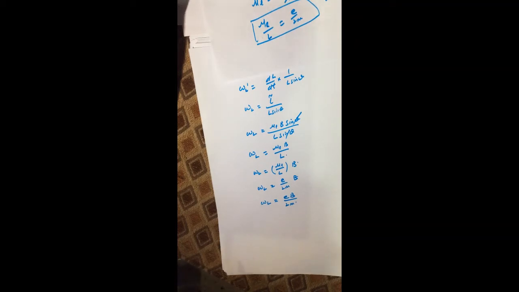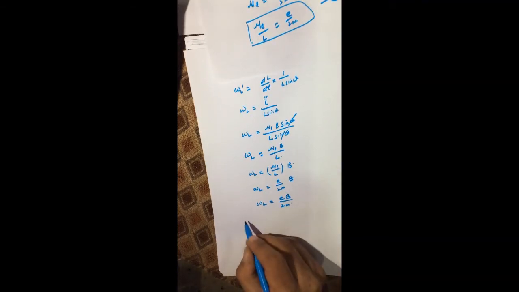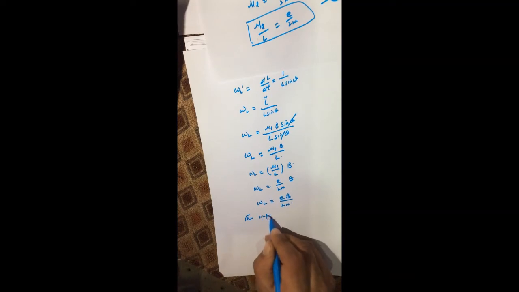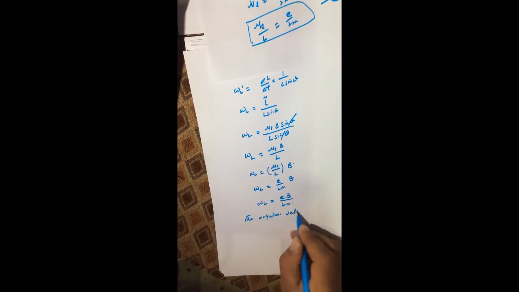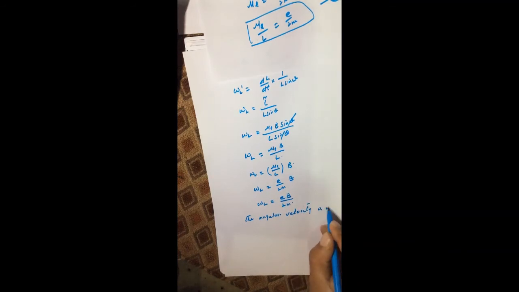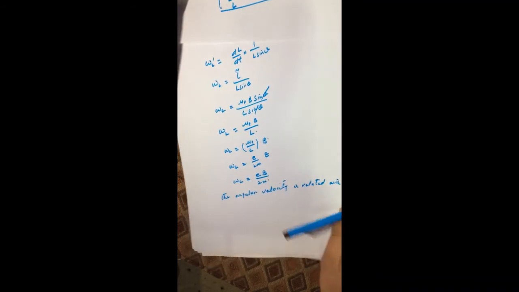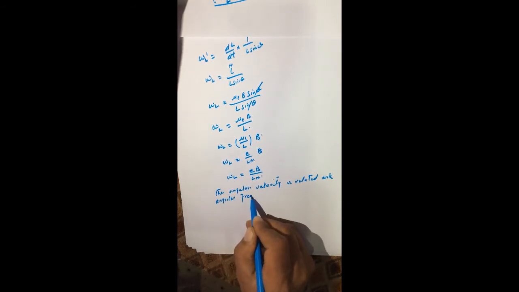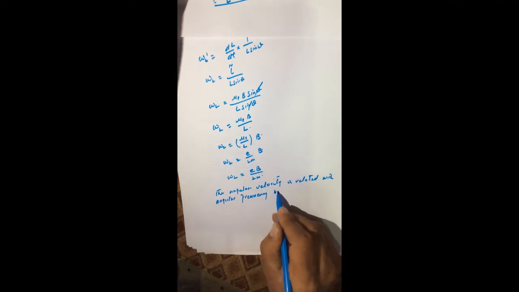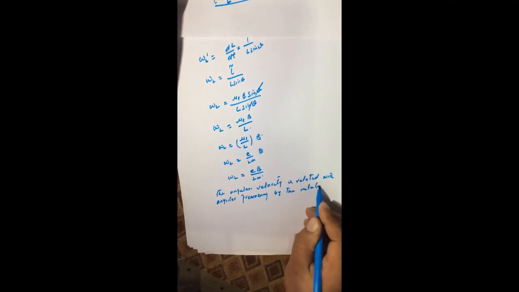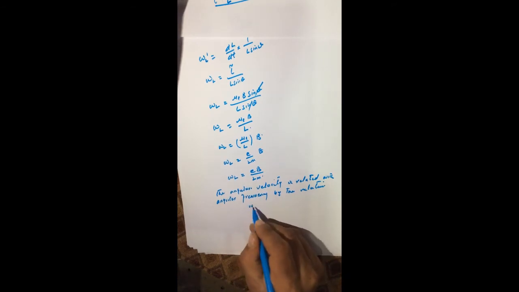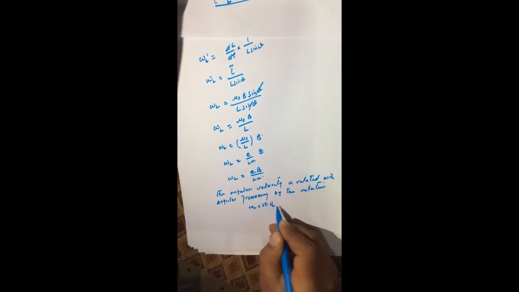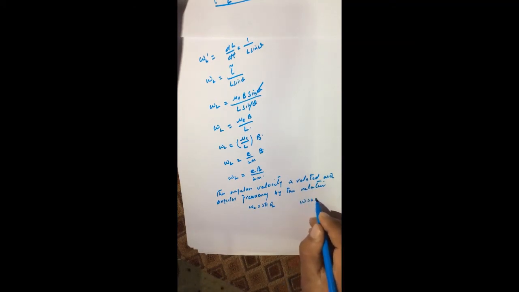Now the angular velocity and angular frequency are related to each other by the relation omega L is equal to 2 pi nu L, or we can say that omega is equal to 2 pi nu.